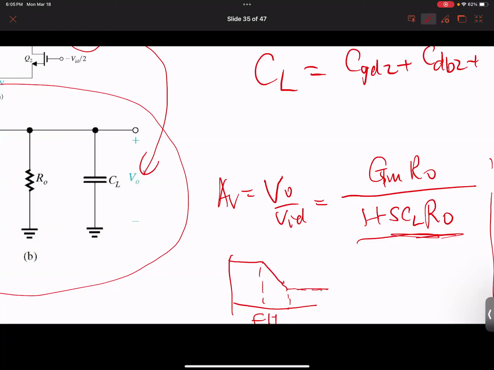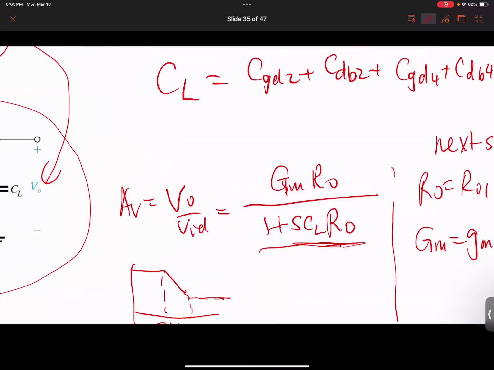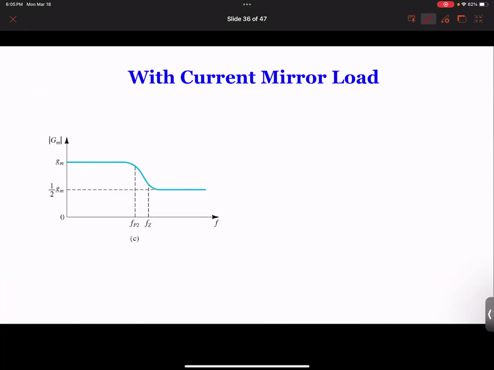The things we're really interested in here, even this pole and this zero, are not so much what we are concerned about, because this is already beyond what we talk about. What we are most concerned about is still at this point. So for this circuit, it's important to look at how CM is calculated. Let me write down the final equation just to do some analysis so we know what it means.